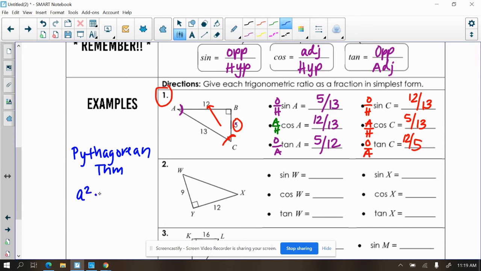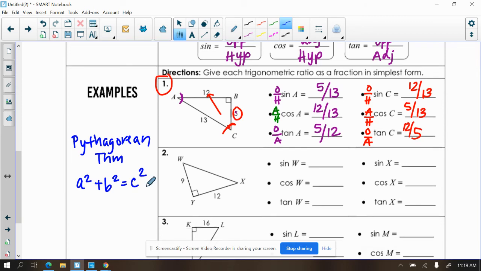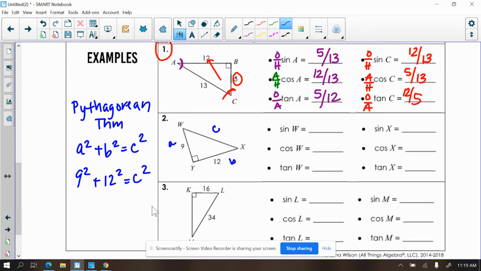A squared plus b squared equals c squared. Okay, so we remember those sides. So I always say the shorter side is a, the longer side is b, and then the hypotenuse is always c. So a is 9 squared plus b is 12 squared. That gives me c squared. So what does that equal? So 9 squared is 81 plus 12 squared is what, 144 equals c squared.